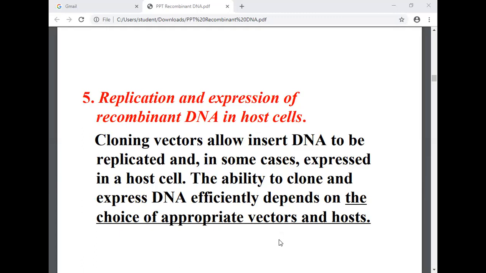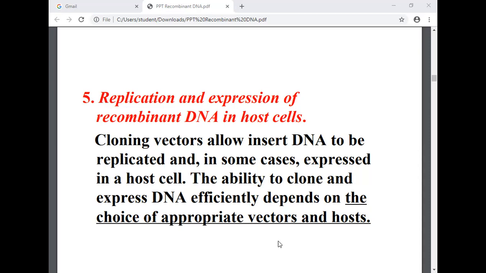That is why we studied earlier that we will have to first choose the vector and target gene, because there may be some difference, and there obviously are differences in the replication enzymes in terms of vectors and host.